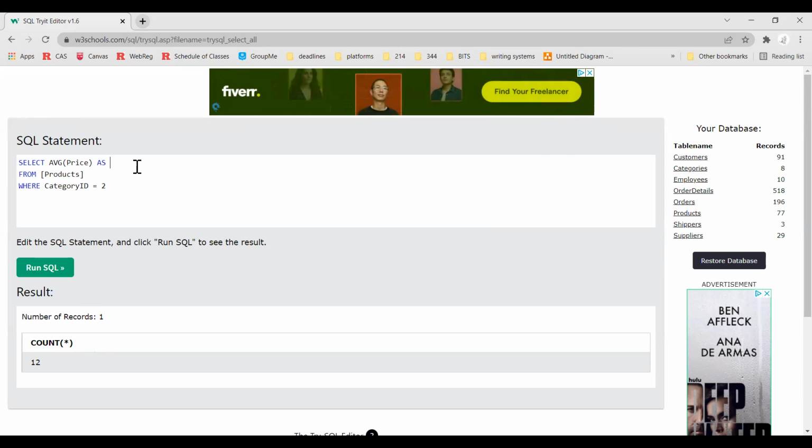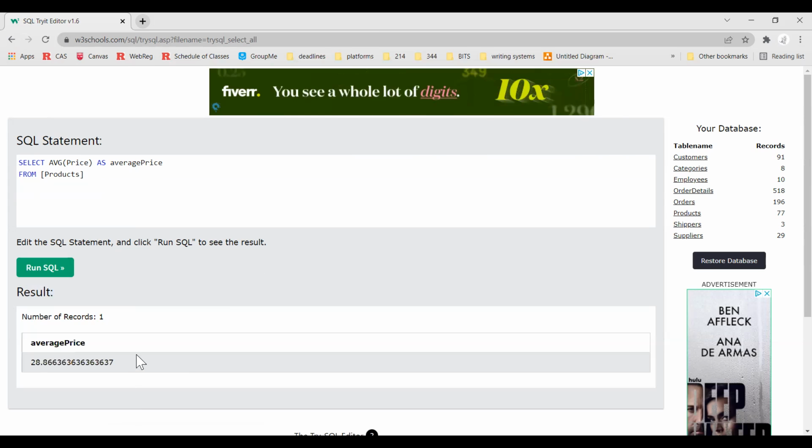So in this case, we want to call this average price. Although honestly, this wouldn't be too misleading if this was just the column title. But we're selecting once again from products, and we don't need this part anymore. And this is the average price of everything in that table.